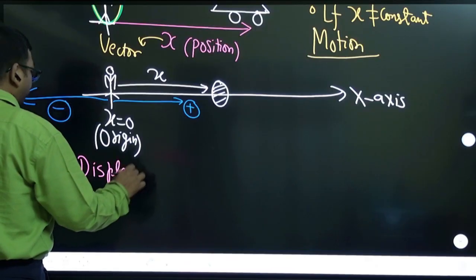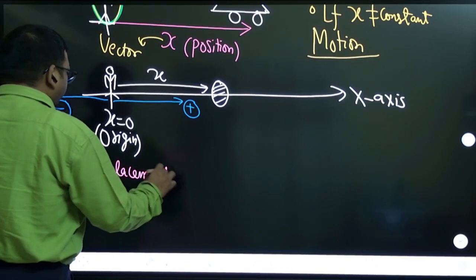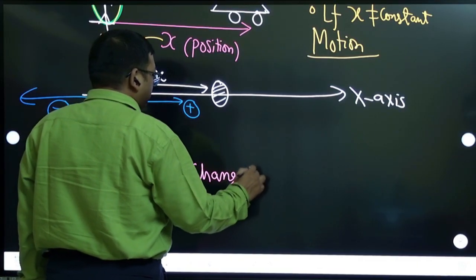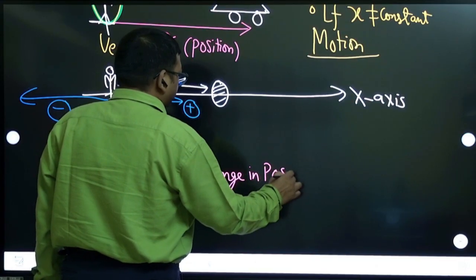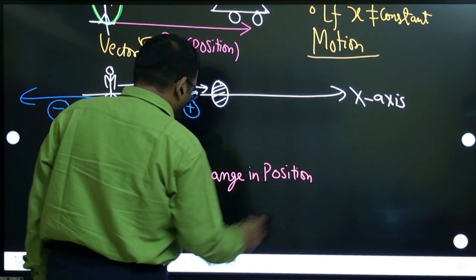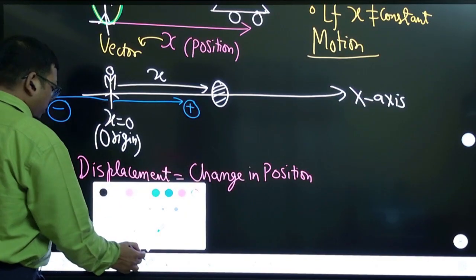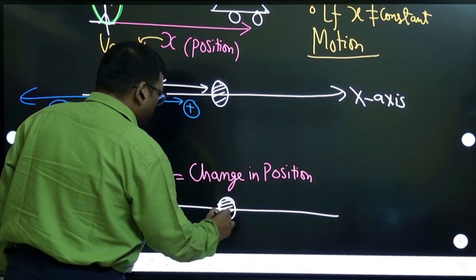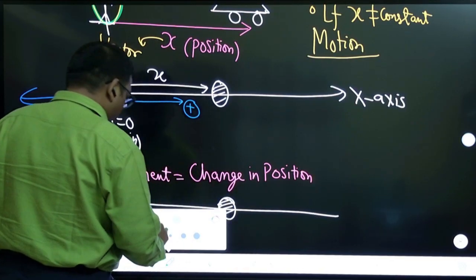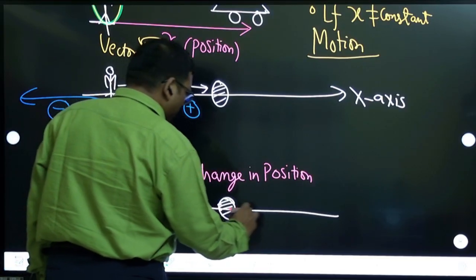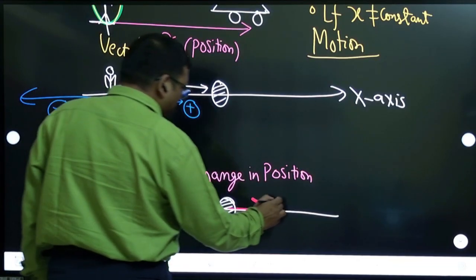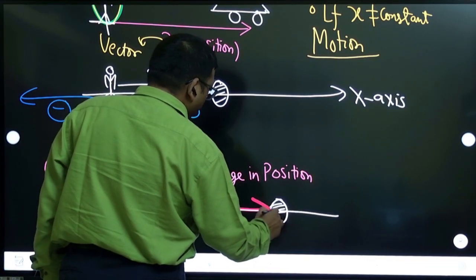Displacement is nothing but change in position. Change in position is called displacement. Suppose there is a body which was at this position and then this body started moving, and now this body has come to another position, a new position.